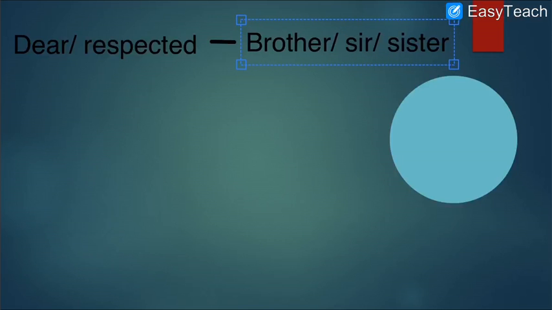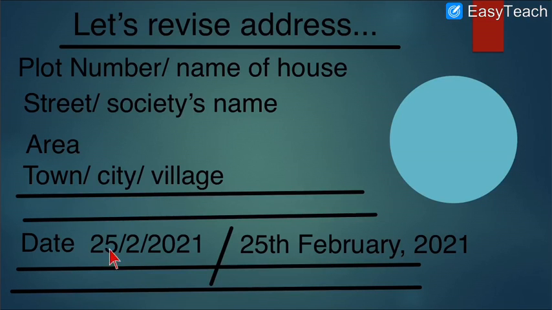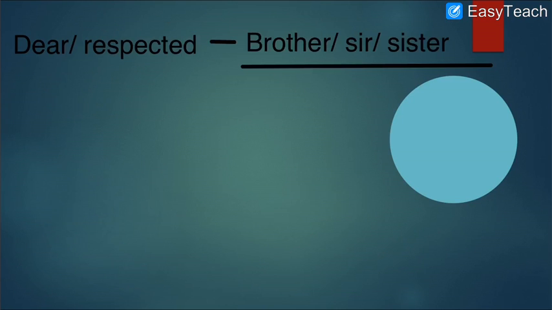Here I cannot give you the list because you might be writing the letter to anyone. Dear teacher, dear sir, dear ma'am, dear sister, dear brother, to whomever you are writing. Now please note this down, and I hope that after writing the date you have left one line and then you will write this. Please note this down.